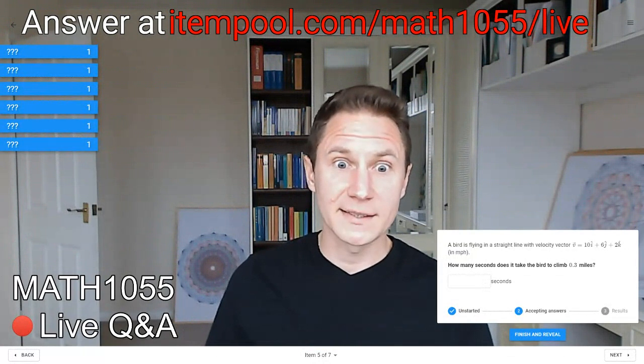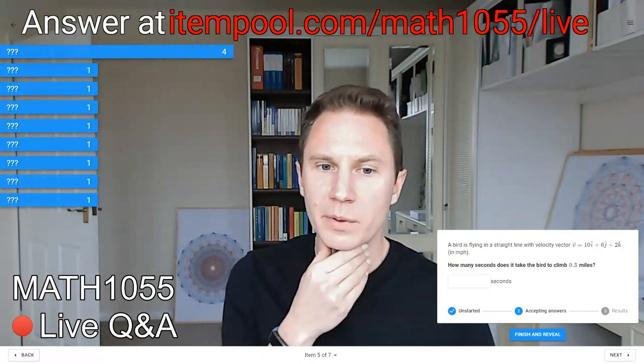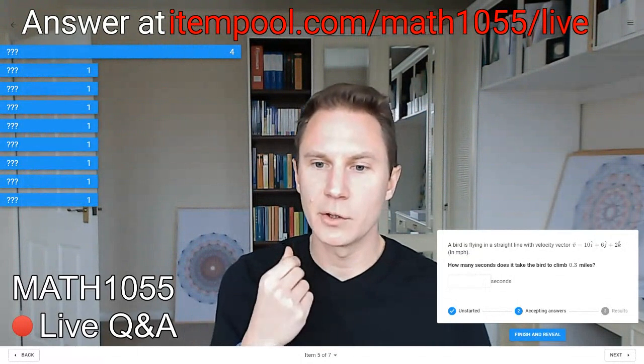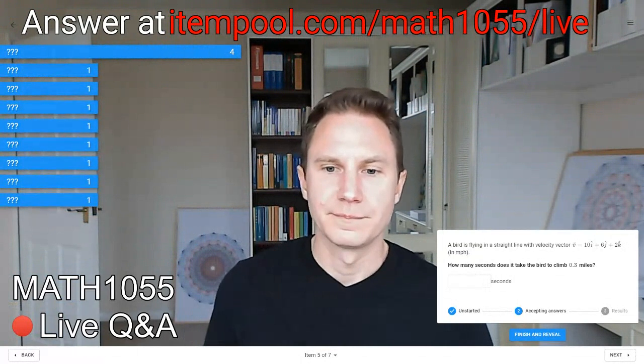I'm imagining my coordinate system to be set up so that the z-axis is pointing upward, and climbing 0.3 miles means that the position of the bird is given by a point initially, and by the end of this climb, the third coordinate will be increased by 0.3 miles.